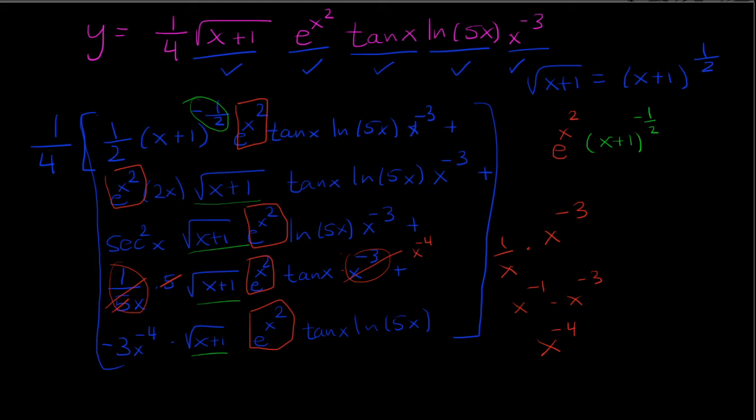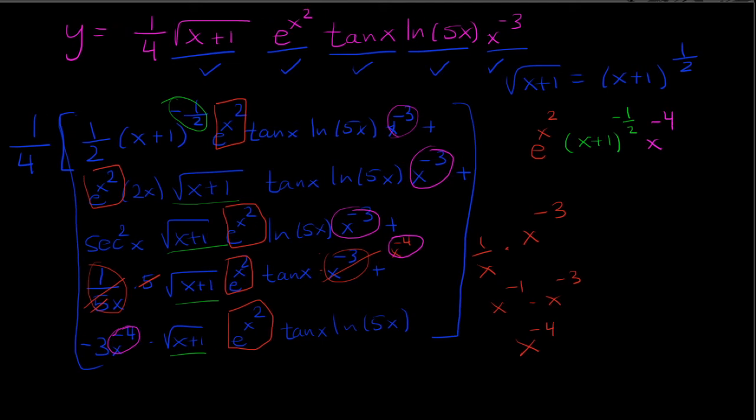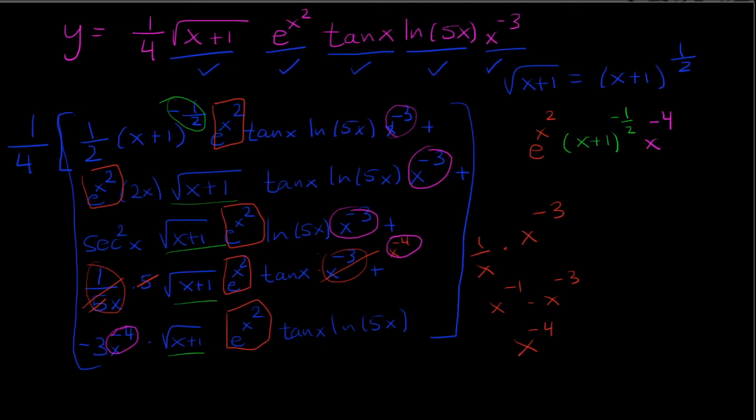And then the last one, we have to look at x to the negative third and x to the negative fourth here. So we choose the smaller of the exponents, which will just be x to the negative fourth. Okay, and then I have the 1/4 out here, so keep that there. And now let's factor. So this is the annoying part.